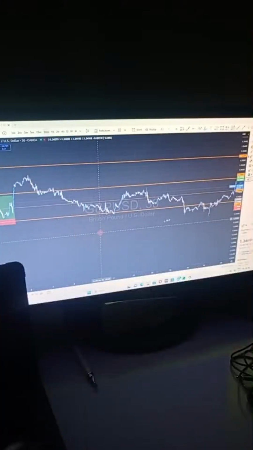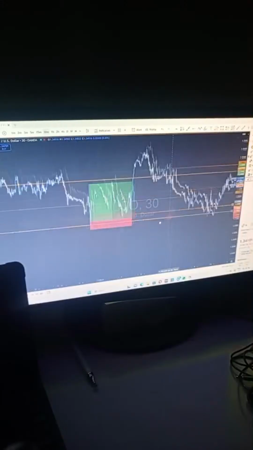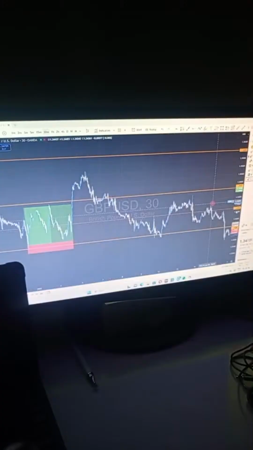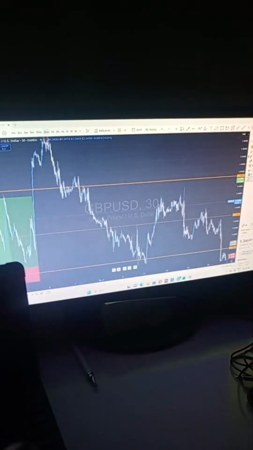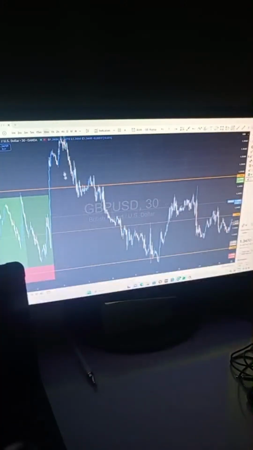So once you have a good pullback, you see, this was a clean downtrend. I just want to make it clear so that you can understand better. In this downtrend, you had this little pullback. After this pullback, what do you see?